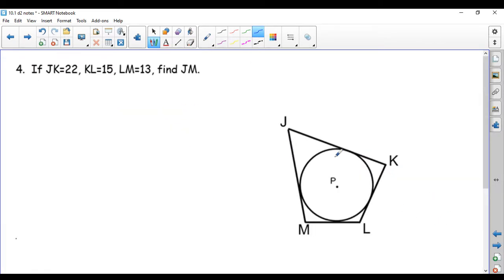The last problem is another walk-around problem, but in this case, it's a little bit different because we can never actually find some of these individual lengths, and that's because it's a quadrilateral. So we're given that JK is 22, KL is 15, and LM is 13. What we want to do is find the length of the fourth side, JM.